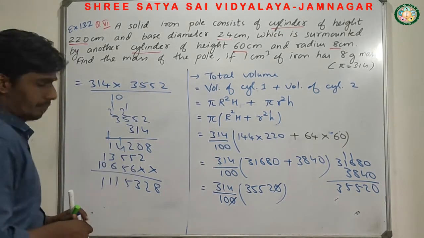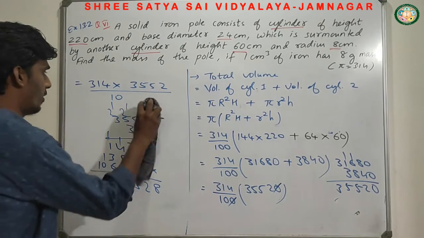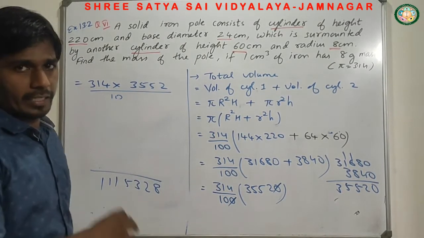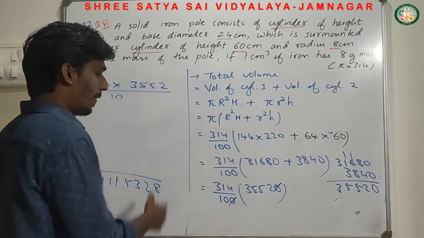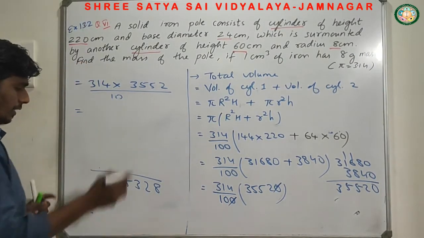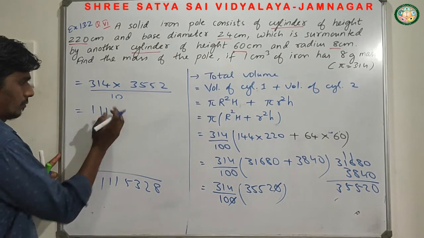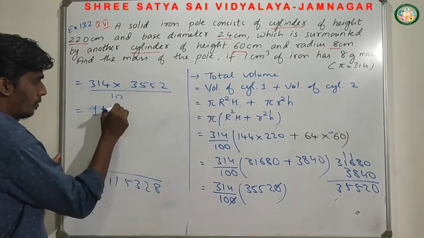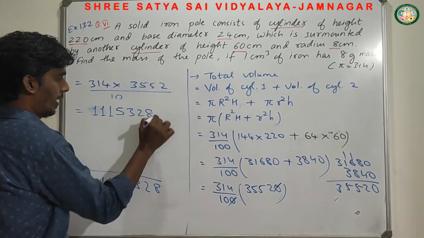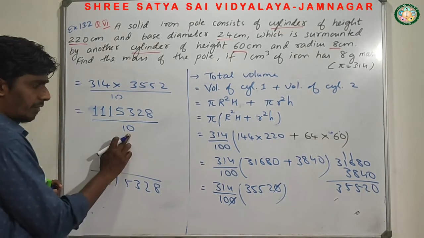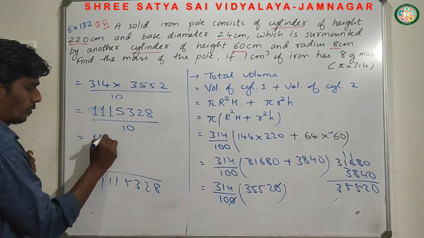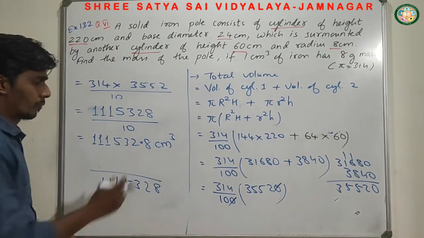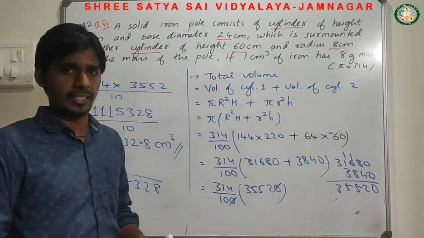It's 100 only here. I am showing you each and every calculation, so there will be no confusion about how I got any of the values. So it's 1115328 upon 10. If I divide it by 10, I'll get 111532.8 centimeter cube. This is the volume of both the cylinders.